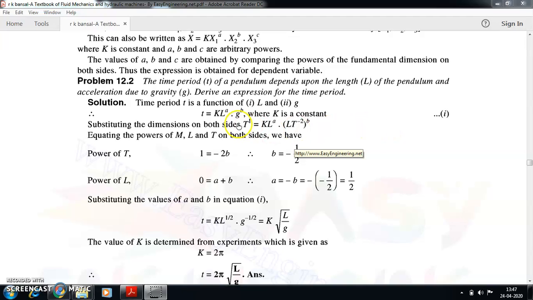Now if you see this equation, is there any M quantity on the left and right hand side? There is no M quantity, so the powers of M are not involved, so there is no need to solve that.